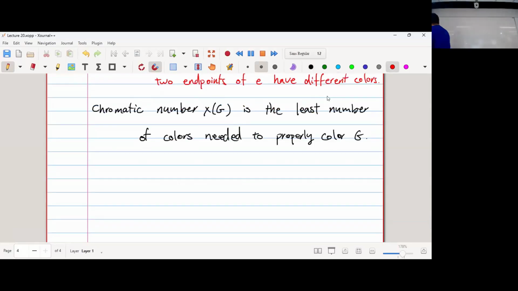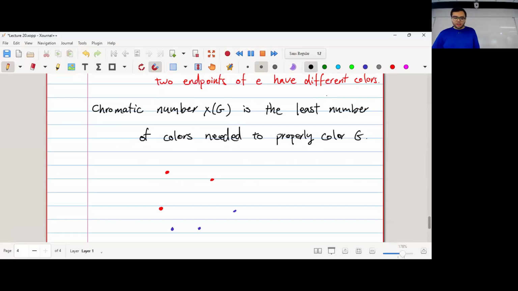So for example, if a graph is two colorable, that's the same as saying that my graph is bipartite, right? Because if I have two colors, some red vertices and some blue vertices, and this is a proper coloring, no edge will have the same color on both sides.